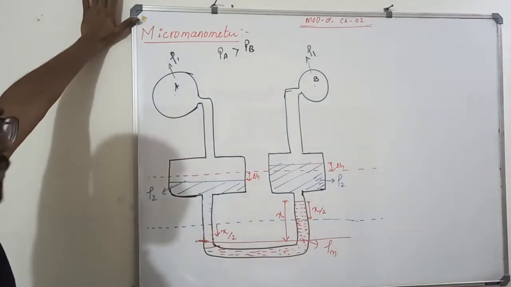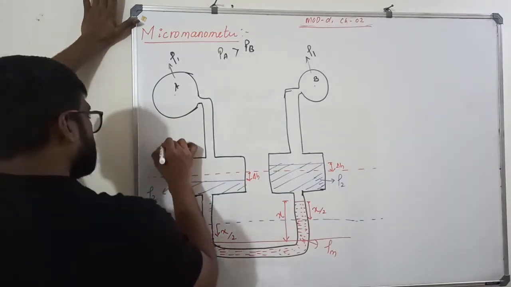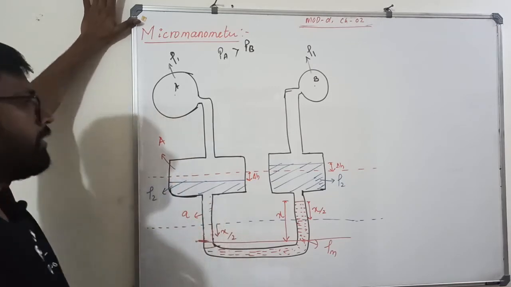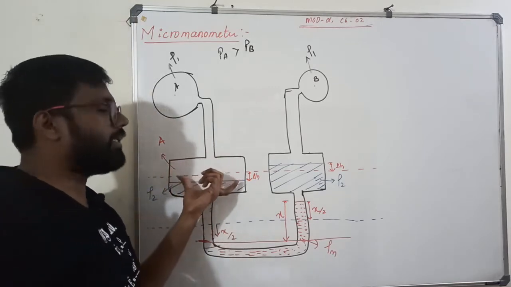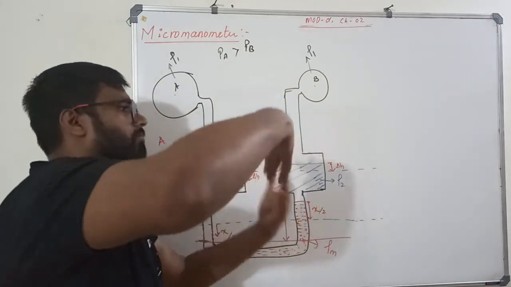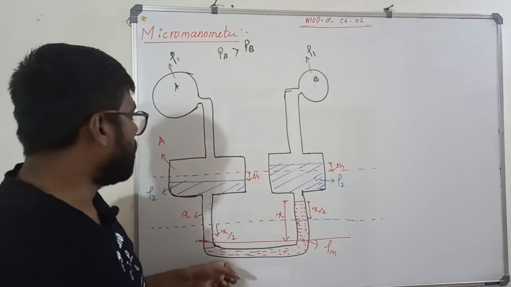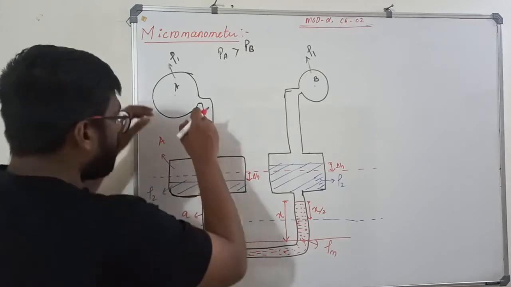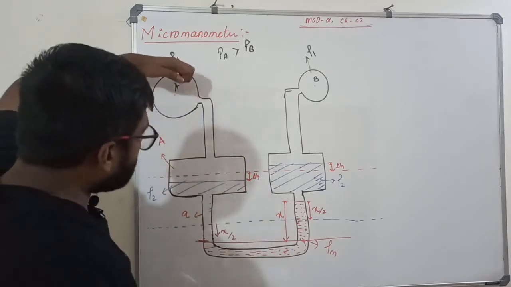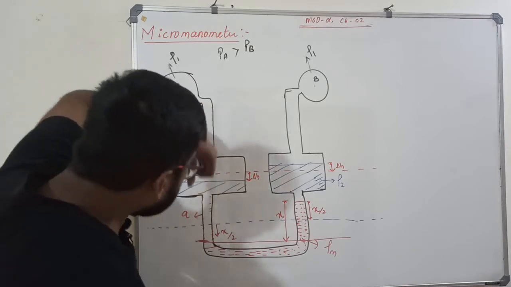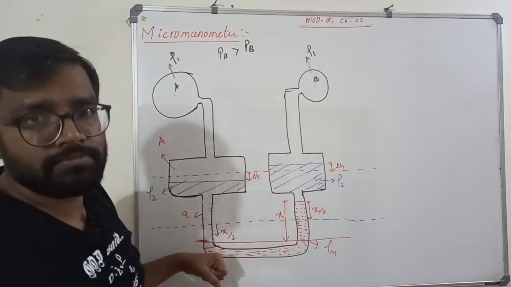We have already read this area be capital A and the area of the tube be small a. We normally know this capital A, the area of the reservoir, is much higher compared to the area of the tube. The same volume that it pushed in the left tube from A only travelled here, yes or no?